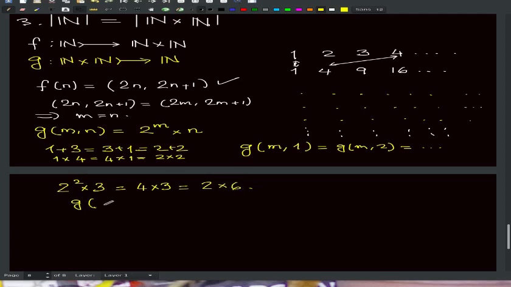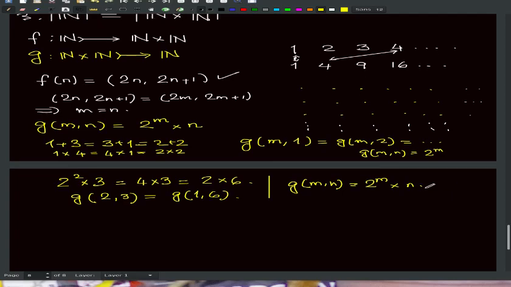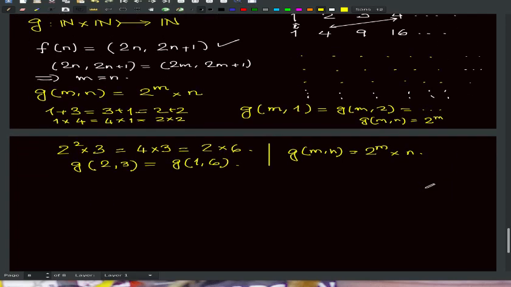So G23 is equal to G16. So addition doesn't work, this one also doesn't work. Next level, next thing.